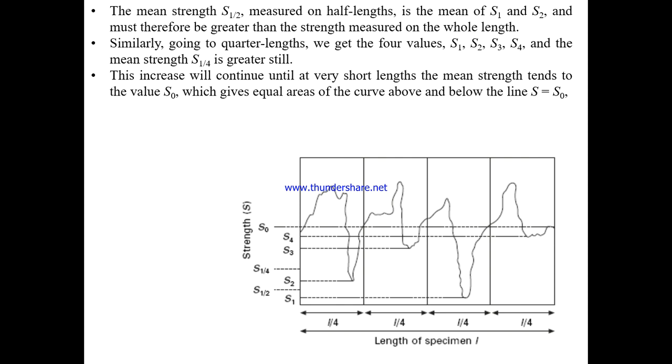The mean strength S quarter will be the average of S1, S2, S3 and S4, which will surely be greater than that of S half. So it is now evident that if you are measuring the tensile strength of the fiber for a shorter length, you will always get a higher specimen strength.